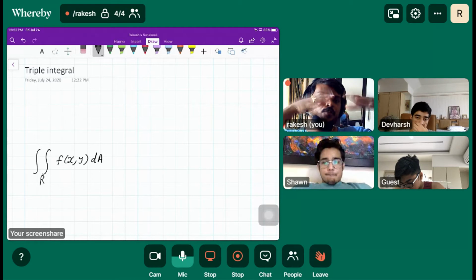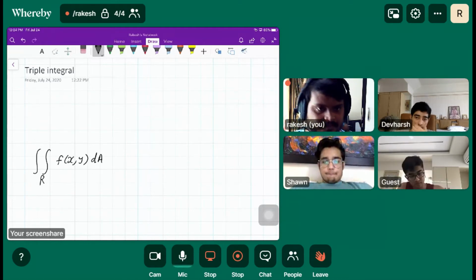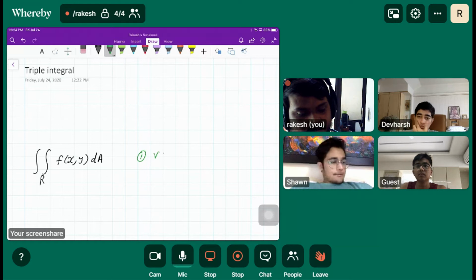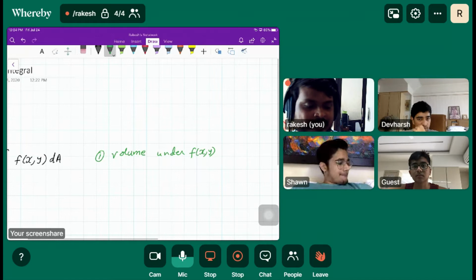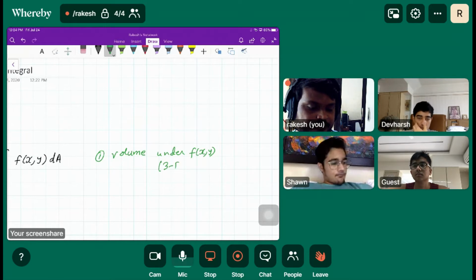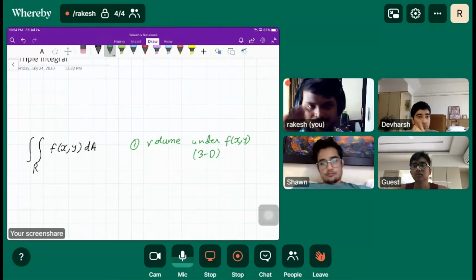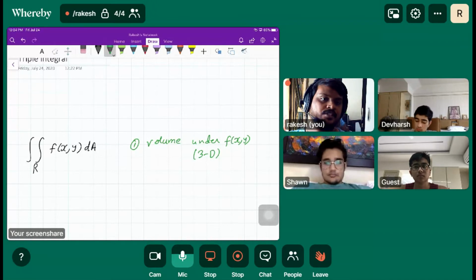It gives you the volume under f of x comma y, and this is the idea of 3D. We can visualize this concept in 3D: the double integral gives us the volume under the surface.